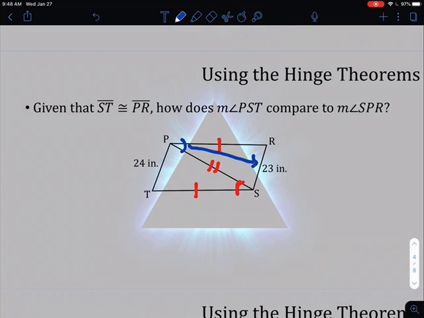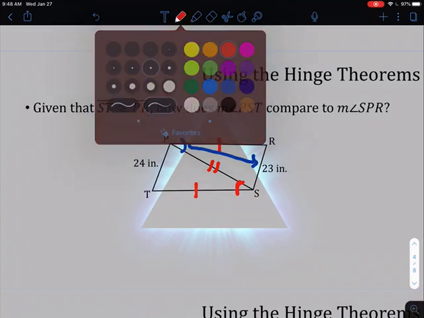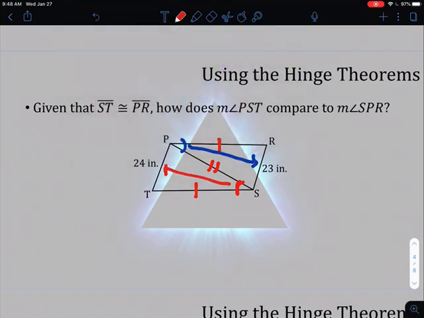Now, if I look here, SPR is across from a 23-inch side, and PST is across from a 24-inch side. So if the other two sides are fixed, but angle S is across from a bigger side than angle P, then I know that angle S is bigger than angle P. So the way I would write this out, the measure of angle PST must be bigger than the measure of angle SPR.